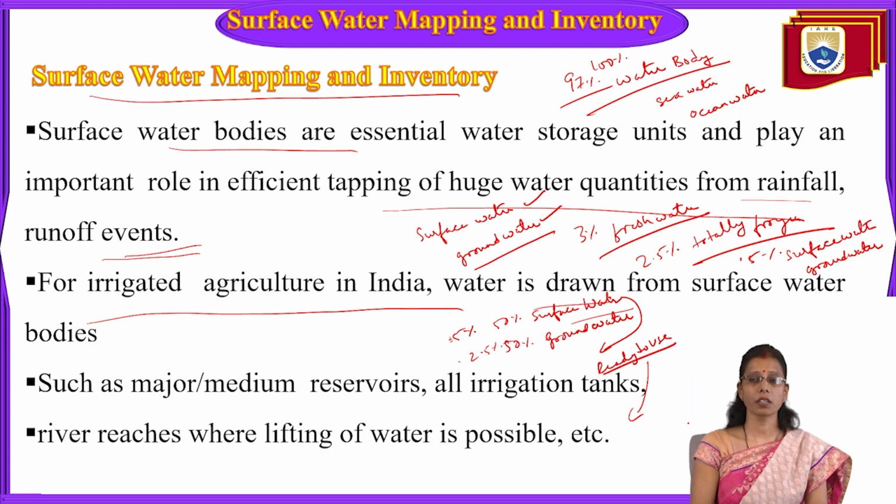So for irrigation, a lot of water is required. Out of 100%, we can say 70% of the water is required for irrigation. Irrigation activities take place more in areas where the water problem is more. We need much of the water for irrigation purposes.